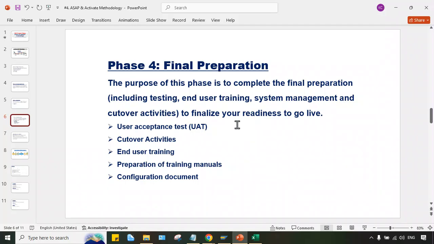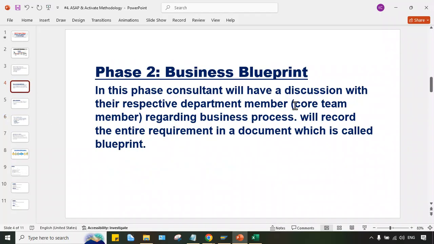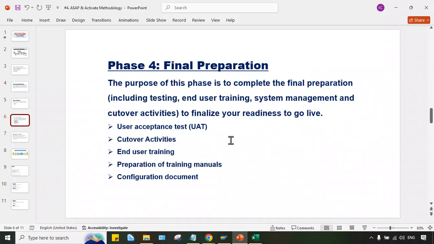Let's suppose in the finance department there are 200 or 250 members. Do you think that everybody is going to test one by one? No, it is not possible. If everybody started testing, it would take too much time. So simply, if you are able to remember, in blueprint I spoke about the core team member. The core team member is your counterpart from the client side.